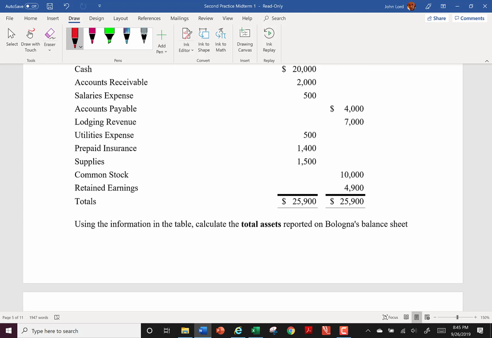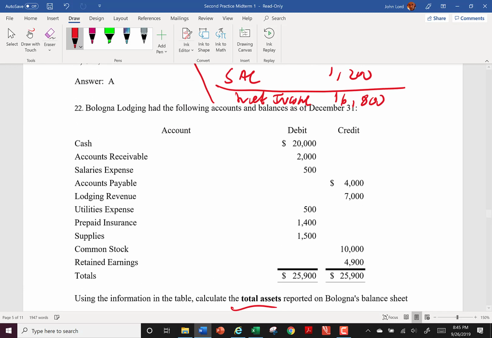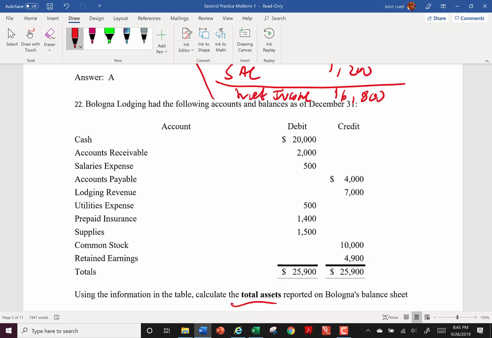What are the assets? Okay, well, let's see. Is cash an asset? Okay. How about accounts receivable? Is accounts receivable an asset? So we got 20,000. Let me write that a little better. We've got 2,000. Any other assets? Prepaid insurance is an asset.